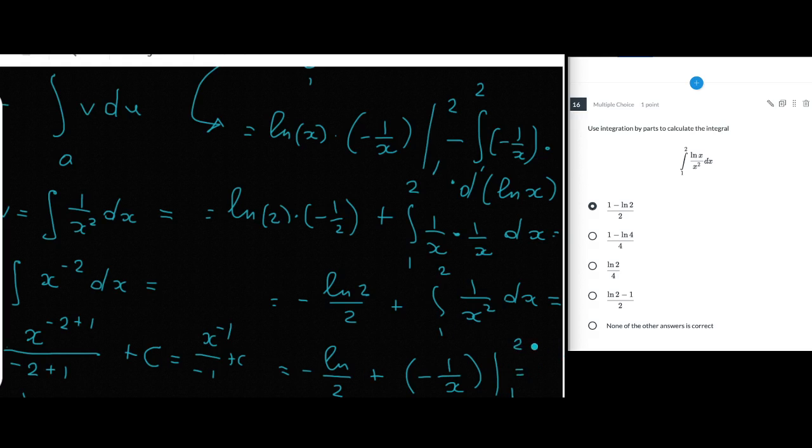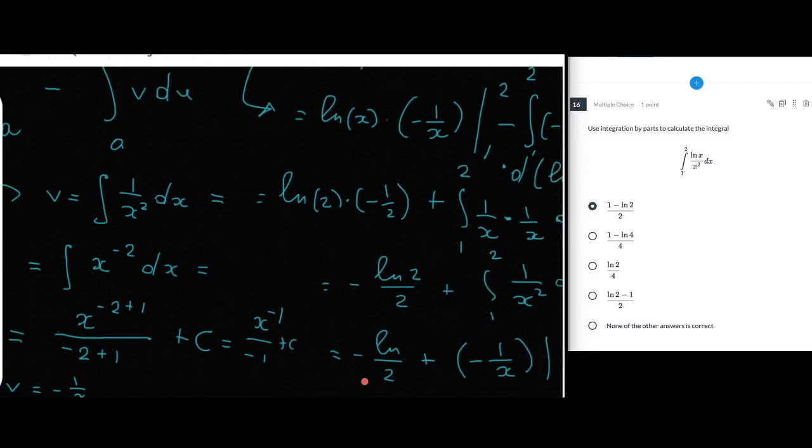When you plug in 2, you're going to get negative 1/2. When you plug in 1, you're going to get negative 1, and so you would have to subtract negative 1 from negative 1/2, and the total result for this second term right here would be positive 1/2.